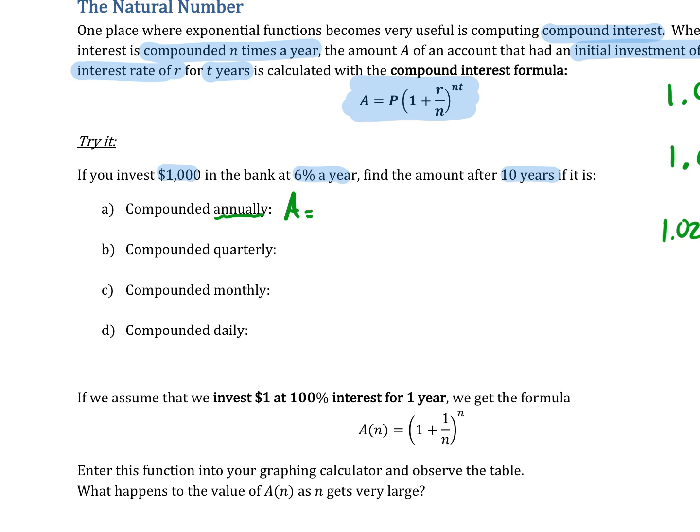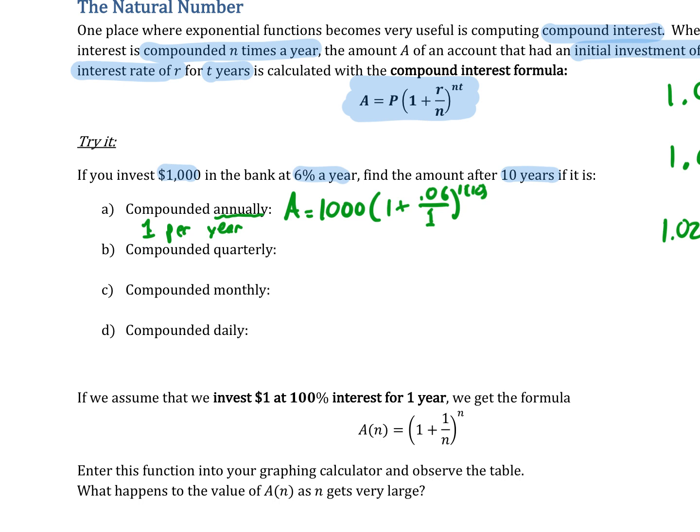We have the amount of money we put at the beginning. And we've got 1 plus the interest rate. So rate needs to go in as a decimal. 6% is 0.06 over annually. Annually means once per year. So N is 1. N is the number of times we compound each year. And we're going to go for 10 years.